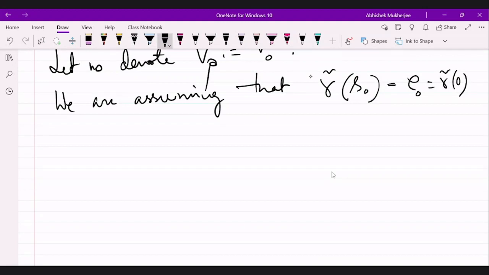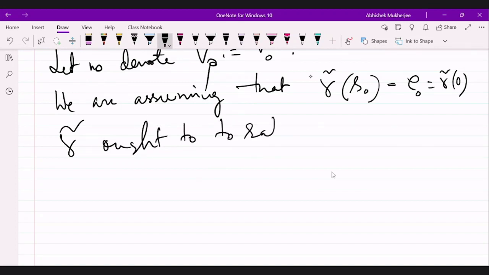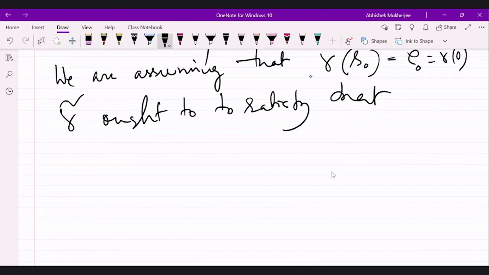Another property that this gamma tilde ought to satisfy is that the diagram commutes, right? That means P compose gamma tilde should be gamma. So what does it say?